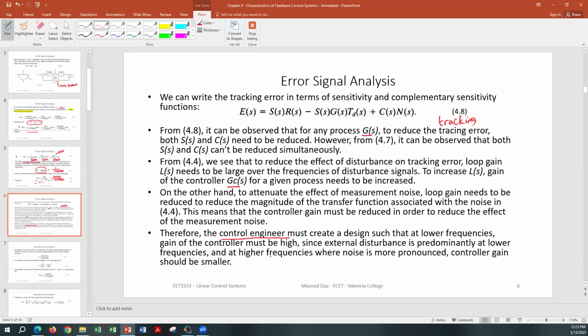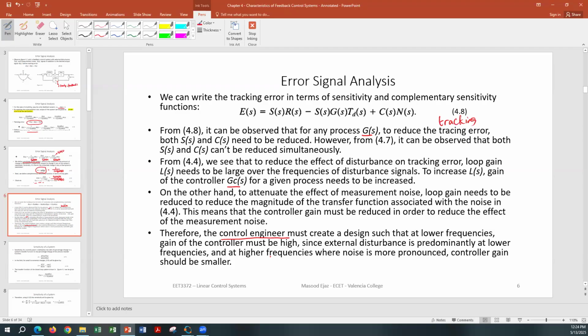So you are creating a controller to control the process such that the controller gain is larger at one set of frequencies to reject the effect of the disturbance, or is smaller at another set of frequencies to reject the noise. So like you read it here, must create a design such that at lower frequencies, controller gain will be high, and at higher frequencies, controller gain will be low.